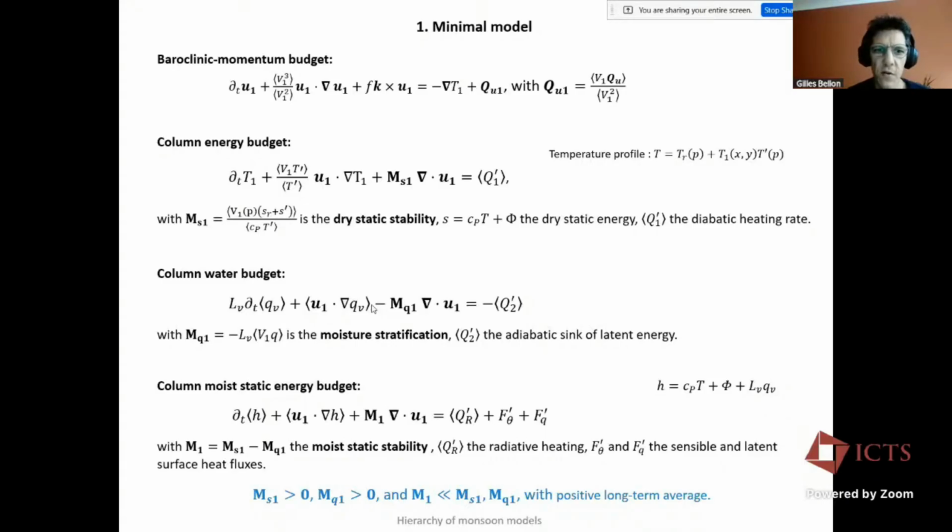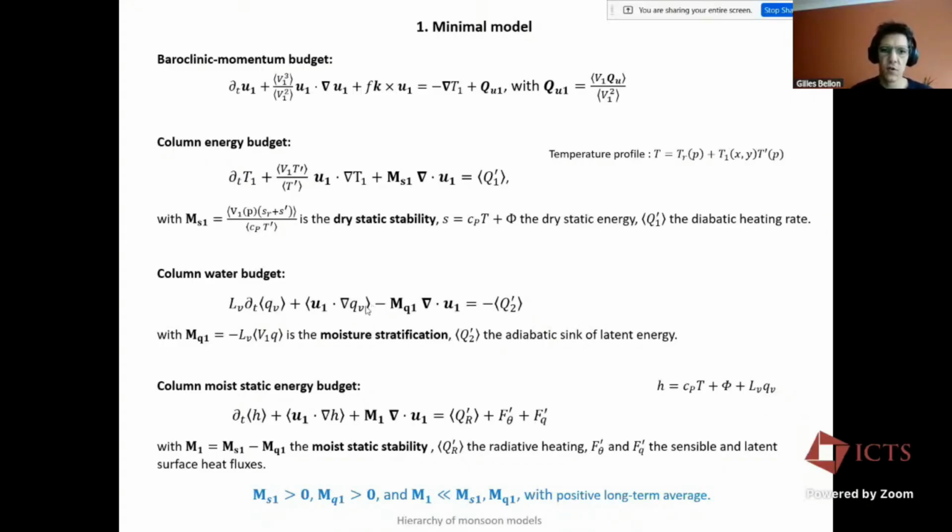So this variable MQ1 is the moisture stratification, which is essentially the amount of latent heat or humidity that is imported into the column by the vertical circulation, per unit of ascending circulation. So if you have convergence in the lower troposphere and divergence in the upper troposphere, with MS1 positive and MQ1 positive, you are exporting energy and importing humidity.